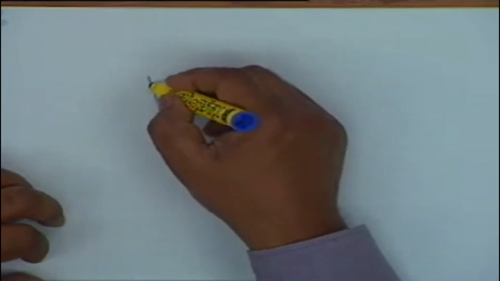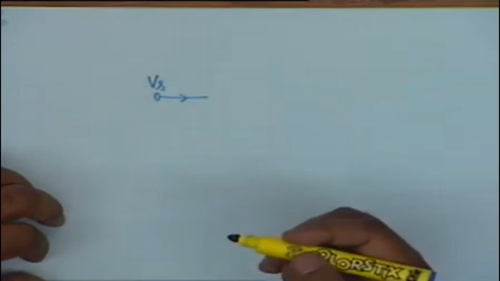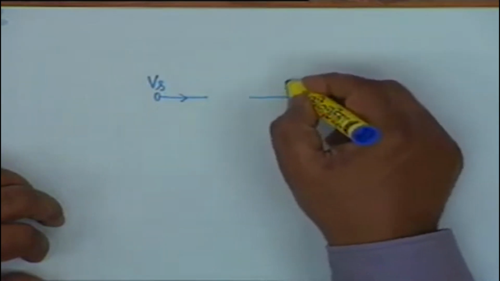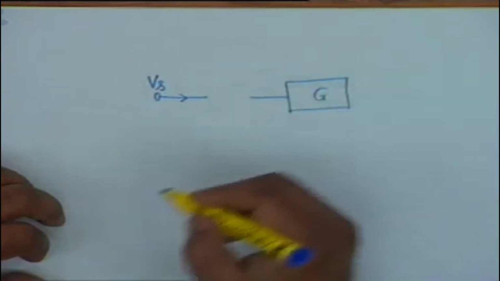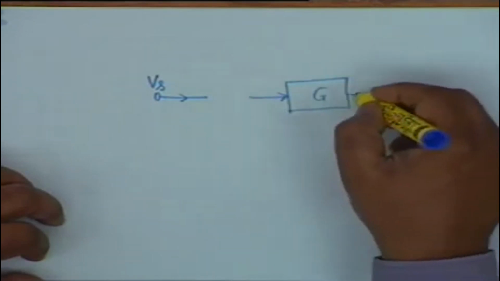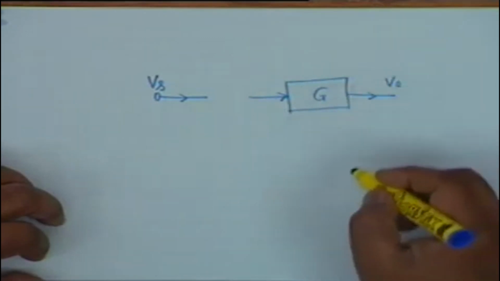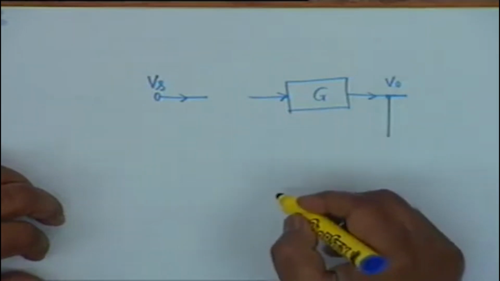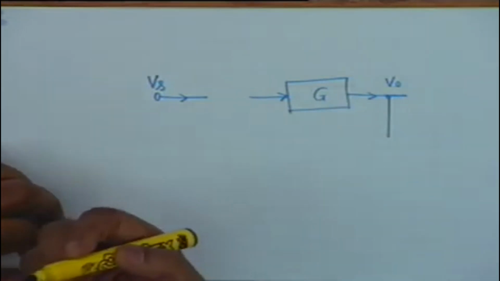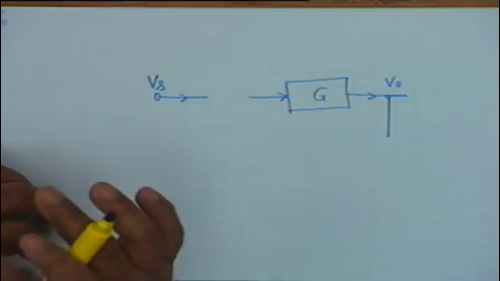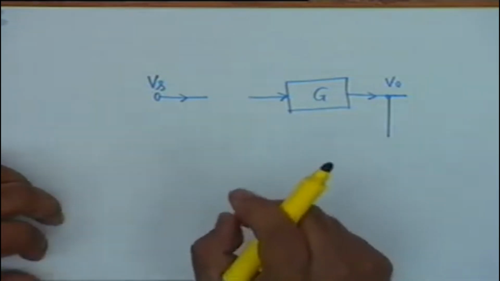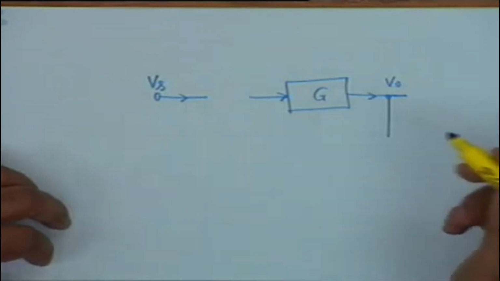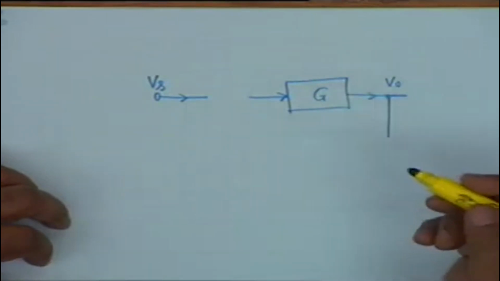I have an input, let's say Vs, a source, and an amplifier of gain G, whose output is V0. This is called a block diagram. I am not showing the actual circuit, I am showing the relevant signal quantities and the amplifier in terms of a gain, in terms of just a rectangular block.